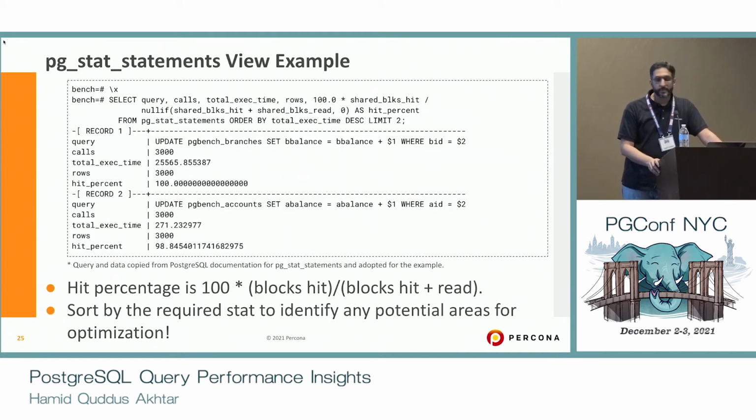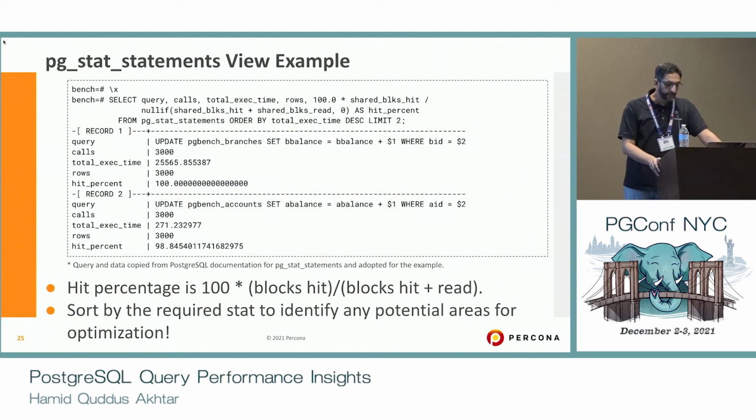So here's one use case, and this is taken from the documentation of pgstat statements, where for a particular query you can select a couple of columns with calls and total execution times, rows being returned, and hit ratio. Hit ratio in the documentation and here is defined as how many times you're getting that page or data from cache rather than accessing it from disk.